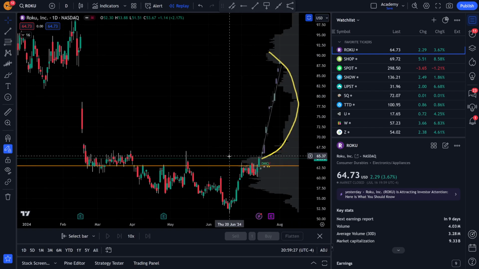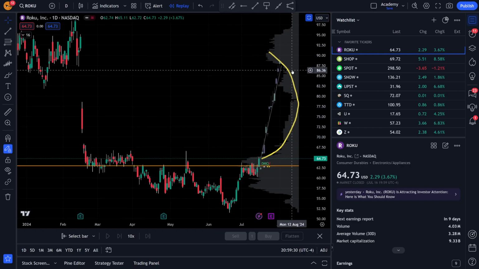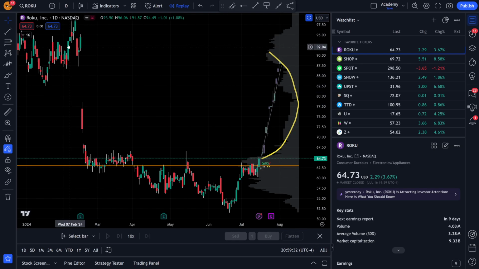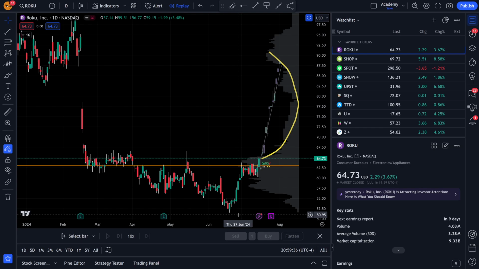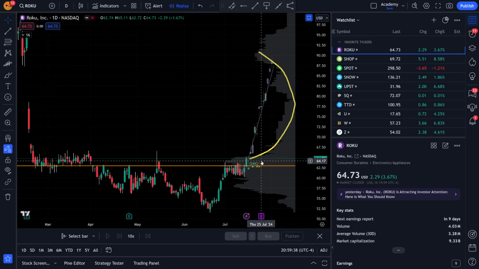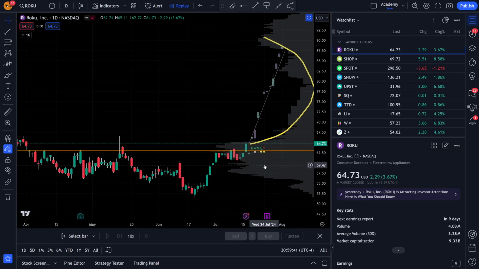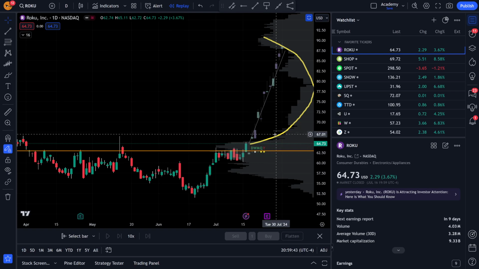Where we break out and it just starts running. Some additional information is that there's loads of gaps to fill on Roku. It's gotten very, very clapped. But that's the kind of information we would use here by using this volume profile indicator that's right there.